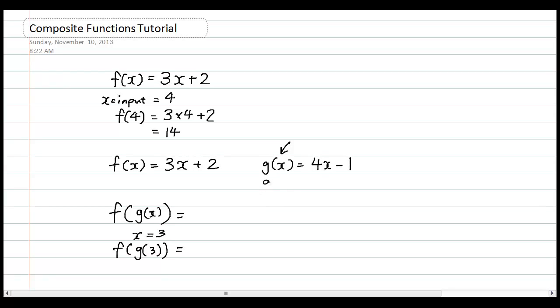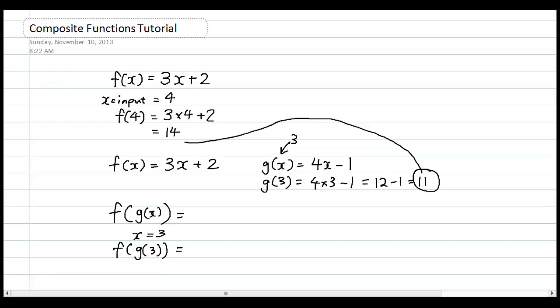So now I have g of 3 is equal to 4 times 3 minus 1, which is 12 minus 1, which is 11. So the input into the function g is 3, the output is 11, and then I'm going to get this output and send it to the input of the f function.